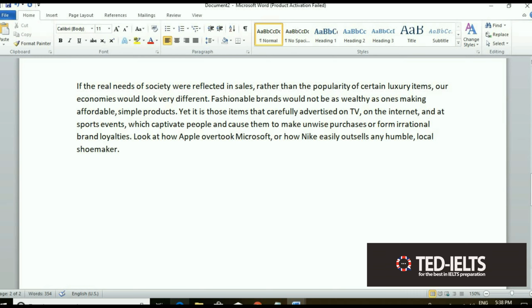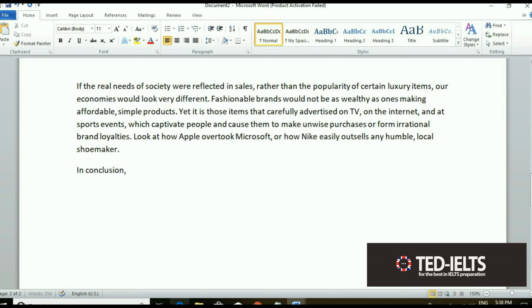So these are examples of Microsoft's very basic computers being overtaken by Apple's sleek, carefully designed and very carefully advertised computers. And of course, Nike spends a lot of money in advertising compared to a local shoemaker.